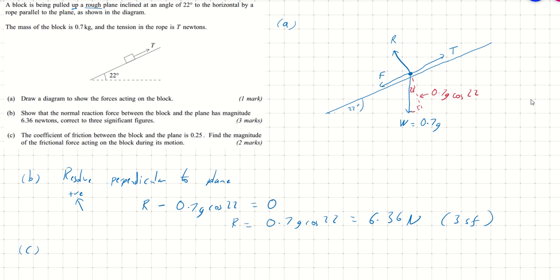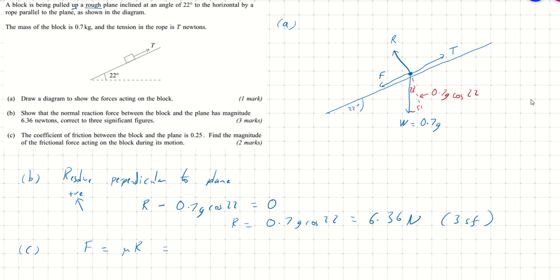Okay. The coefficient of friction between the block and the plane is 0.25. Find the magnitude of the frictional force acting on the block during the motion. Because we have motion, F is at its maximum value, which is μR.